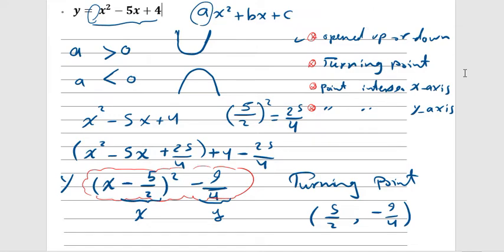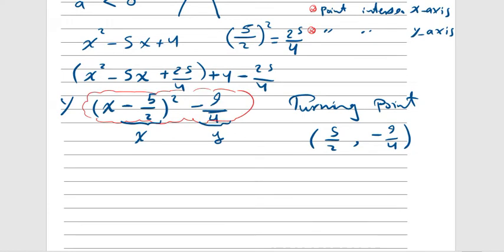What about the other 2 points? The points of intersection with the x-axis and with the y-axis. To find the point of intersection with the y-axis, we have to put x equals 0 in this expression. So y equals 0 minus 5 over 2, all to the power of 2, minus 9 over 4, and calculate.